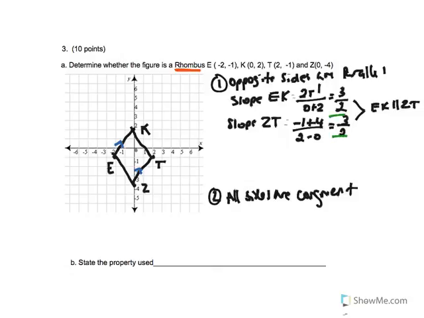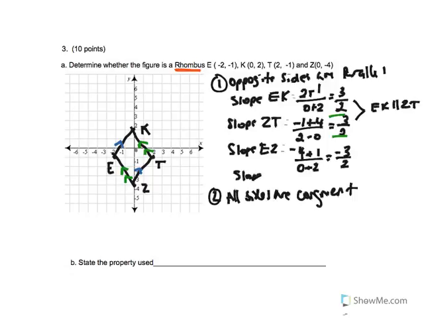Now let's prove the other set of opposite sides are parallel, KT and EZ. So let's do the slope of EZ. We get -4 plus 1 over 0 plus 2 equals -3 over 2.